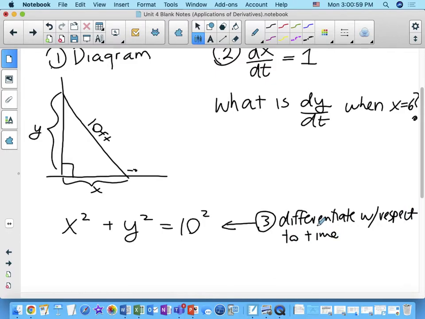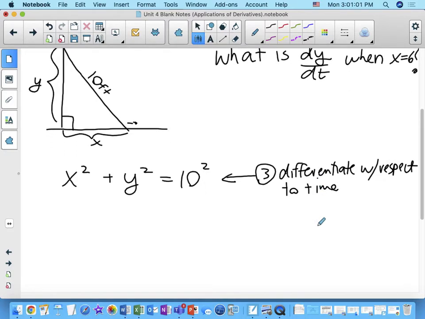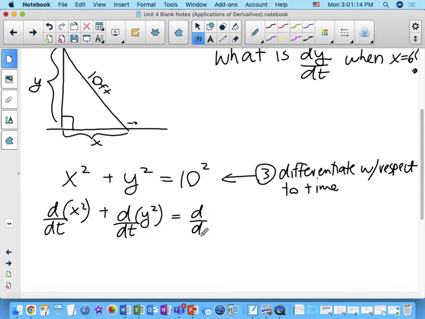Okay, so we're going to go d by dt of x squared plus d by dt of y squared equals d by dt of 10.